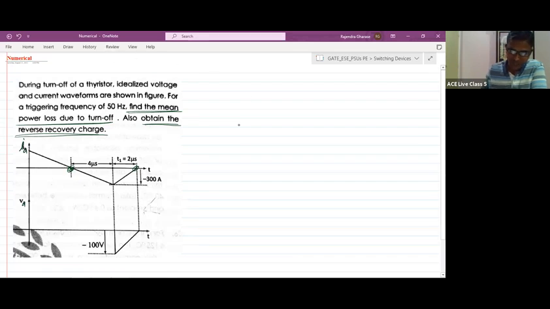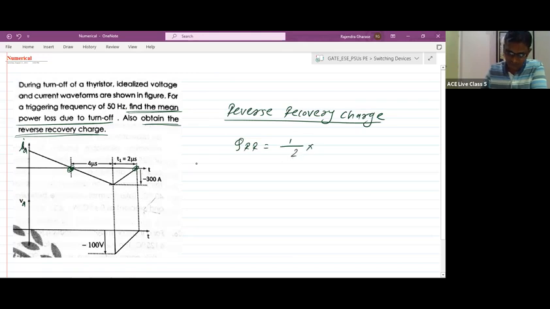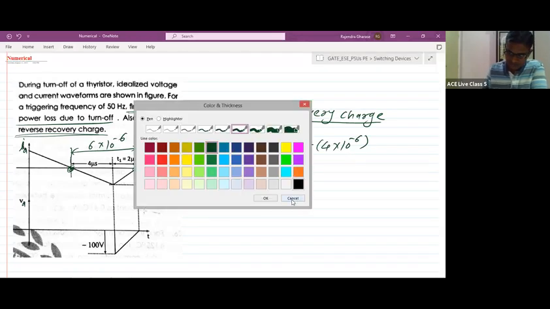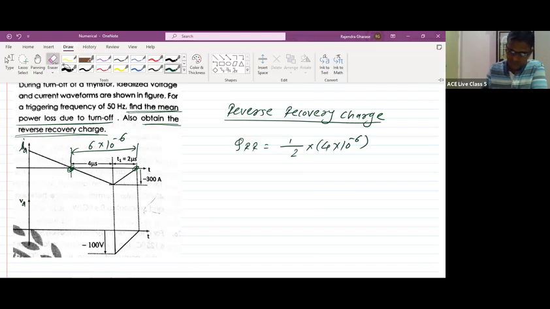So let me first write the QRR, reverse recovery charge, QRR, is equal to the area under the triangle. So it is 1/2 into 4 into 10 to the power minus 6. Sorry, this full length is 4 plus 2, that is 6 microsecond, so instead of 4 there should be 6.